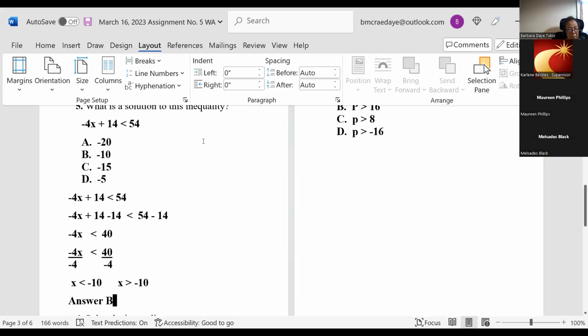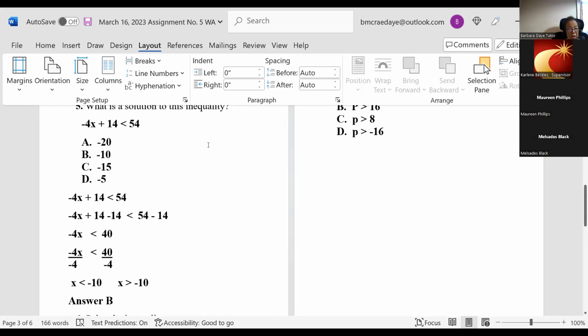Oh, she did the other way around to prove this. No, this is the way she solved the problem. She didn't go through the inequality. Because remember, with the inequalities, we use the same rules as if this was an equal. So what number adds to 14 to give 54?